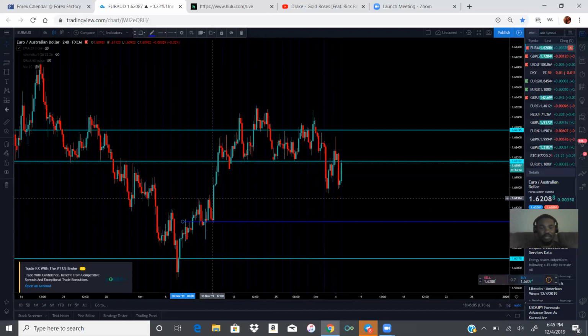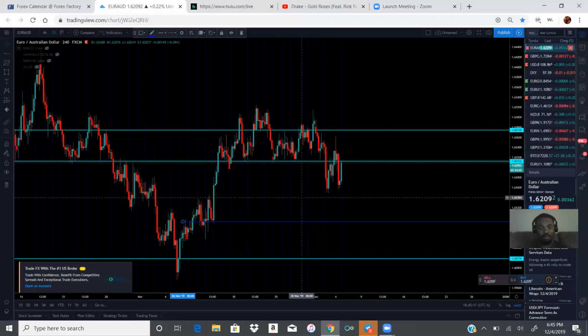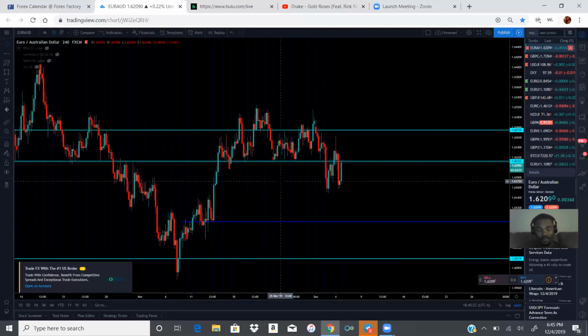So it's an imbalance. It pushed all the way up here and then kind of consolidated throughout this point here, but it never fixed this imbalance. So I was like, this is probably a good opportunity to look for imbalance in this pullback.